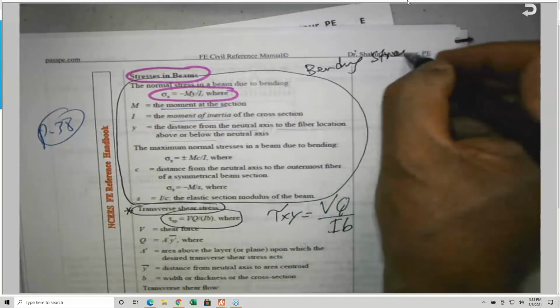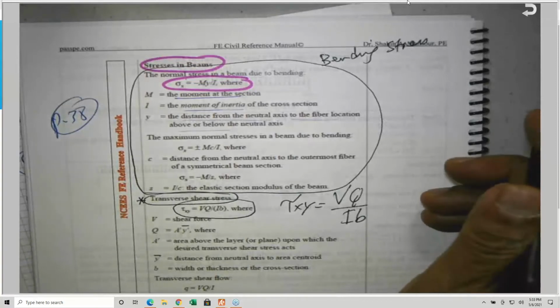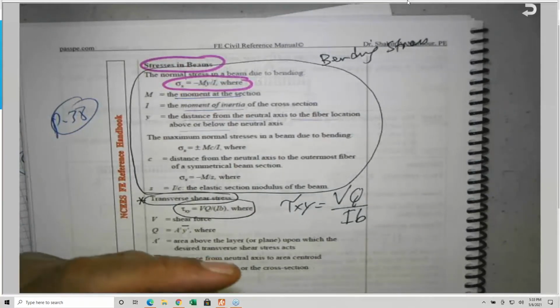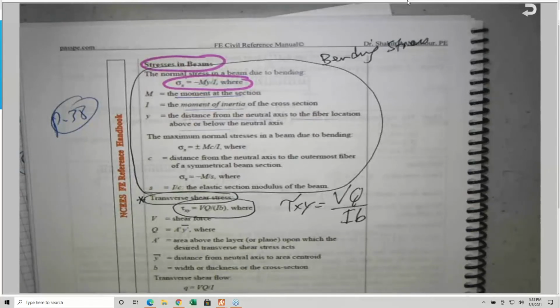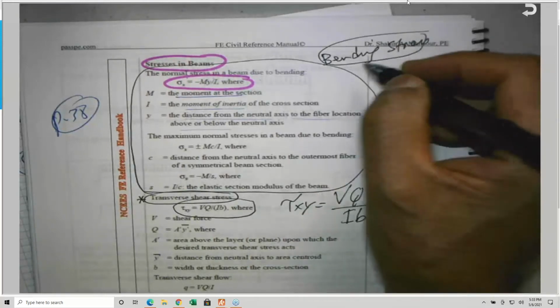We need to know all the names just in case on the exam, because the exam is written by engineers like you. In the future, after you finish your FE and you get your PE, you will write questions. The NCEES seeks engineers to write questions in addition to the professors. So everybody is writing the questions and using their own language.